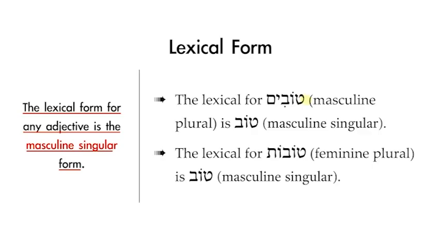The lexical form for tovim, masculine plural, is tov, masculine singular. Similarly, the lexical form for tovoth, feminine plural, is also the masculine singular form tov. So regardless of whether the form is masculine plural or feminine plural, the lexical form will always be masculine singular for the adjective.